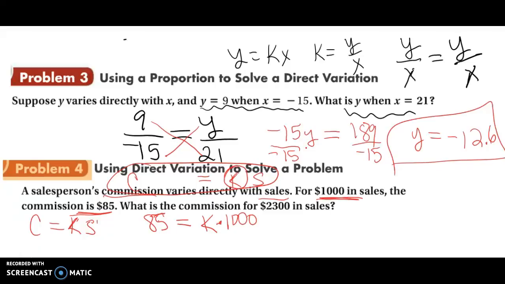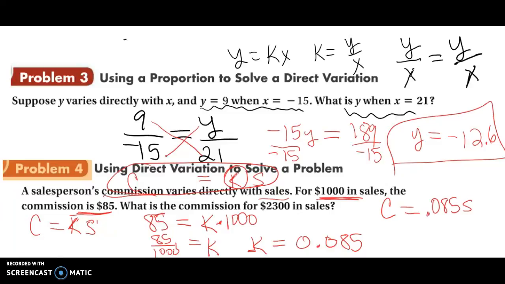So to solve for the k, I'm going to divide both sides by 1,000. So 85 divided by 1,000 gives me a constant of variation of 0.085. So my function rule will be commission equals 0.085 S.